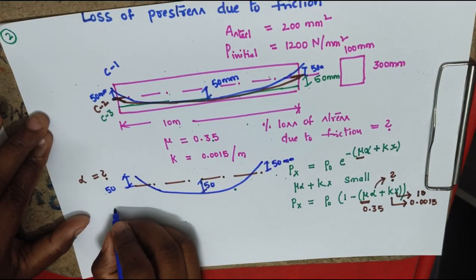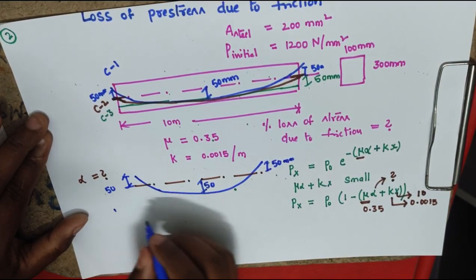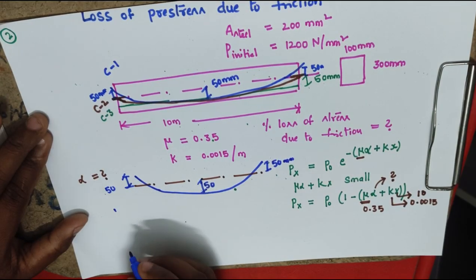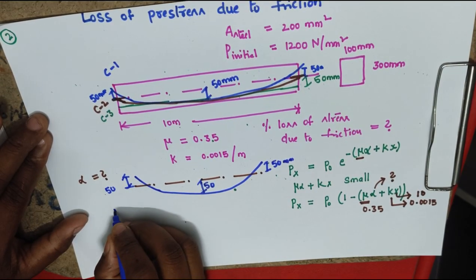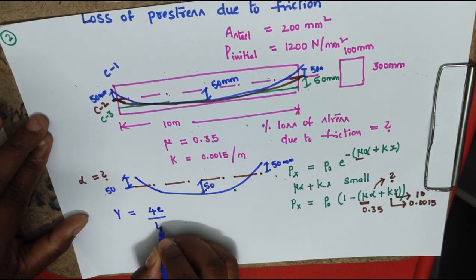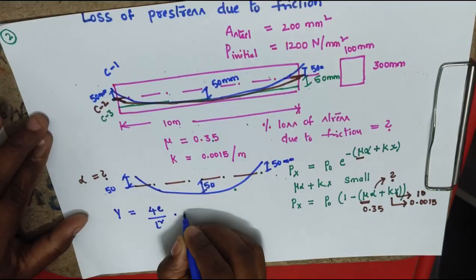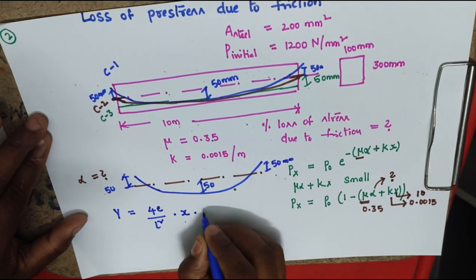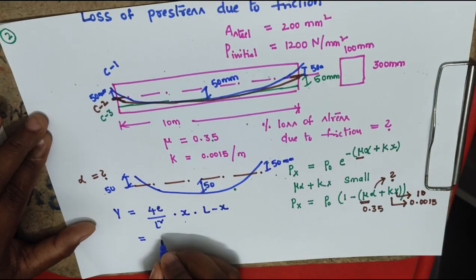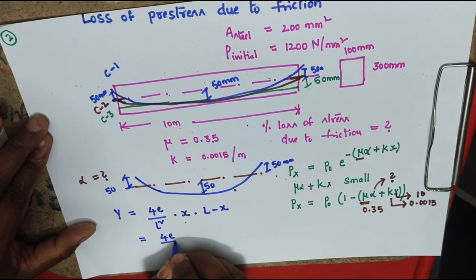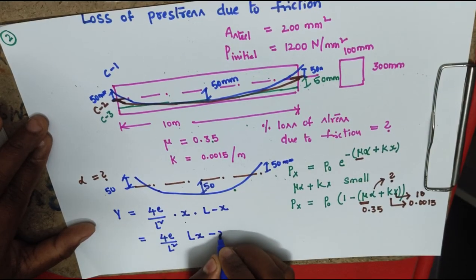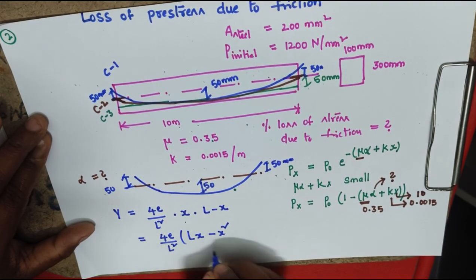To determine this alpha value, we can use this equation of parabola. Y is equal to 4e by L square into x into L minus x, right? I can rewrite this equation as 4e by L square times Lx minus x square, right?